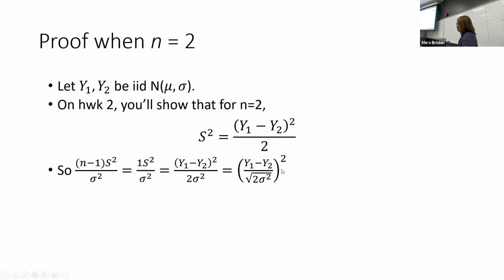And then we can rewrite that so the whole fraction is squared. So we have (Y1 minus Y2) over the square root of 2 sigma squared, all squared. And why we're rewriting it that way will become apparent in a moment. Questions so far?